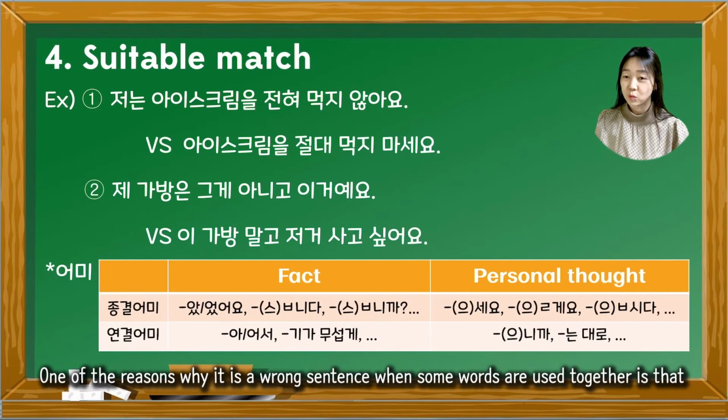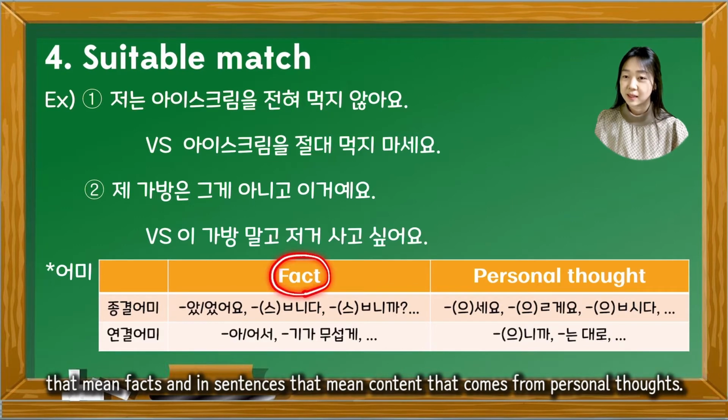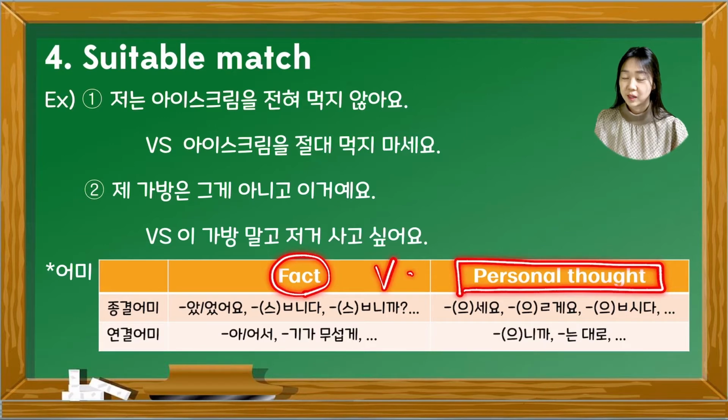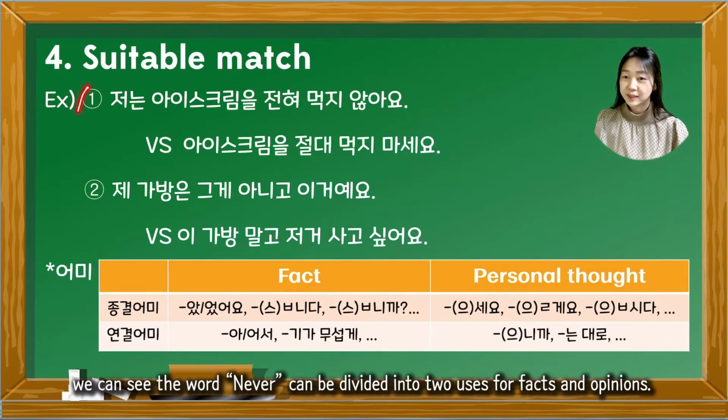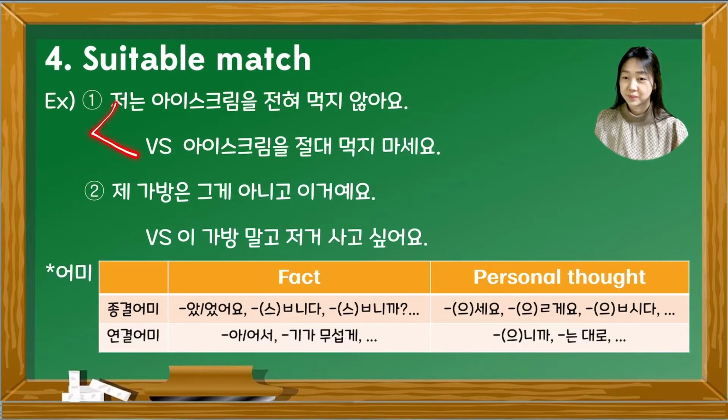One of the reasons why it is a wrong sentence when some words are used together is that Korean has different words or expressions used in sentences that mean facts and in sentences that mean content that comes from personal thoughts. In these examples, we can see the word never can be divided into two uses for facts and opinions. 저는 아이스크림을 전혀 먹지 않아요.